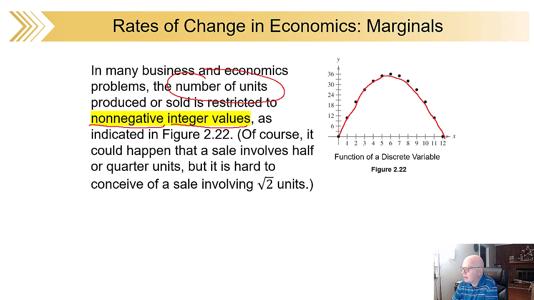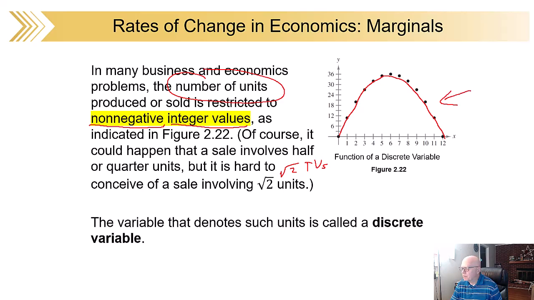You can't very likely sell the square root of 2 TVs, for example, but you could imagine this as a math thing. You could imagine it being a continuous function. One that has integer values like this, or non-negative integer values, are called discrete variables. In other words, they come in chunks.